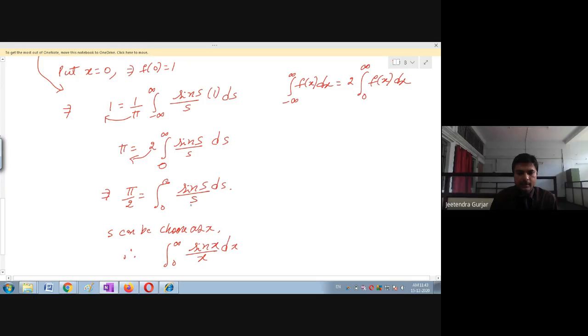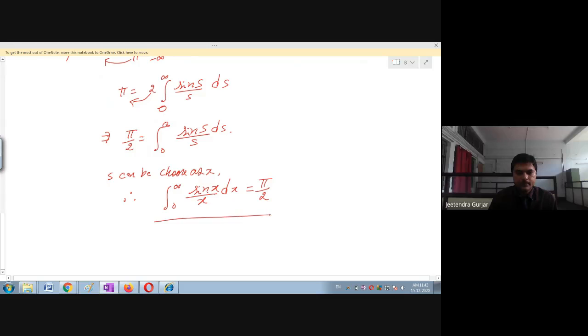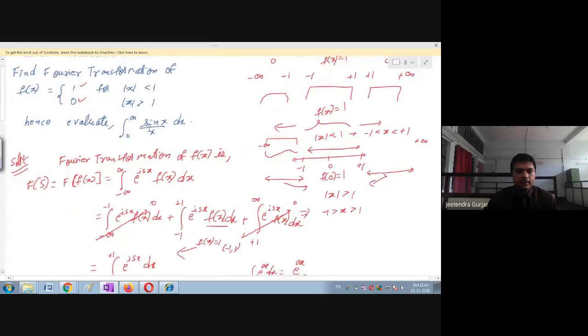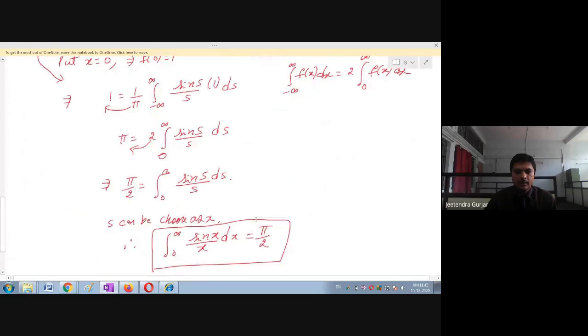Wherever s is there, I have just chosen some other variable x, which is equal to pi by 2. So this is what we get as the answer: integration 0 to infinity sine x divided by x dx, which we have calculated, is pi upon 2.